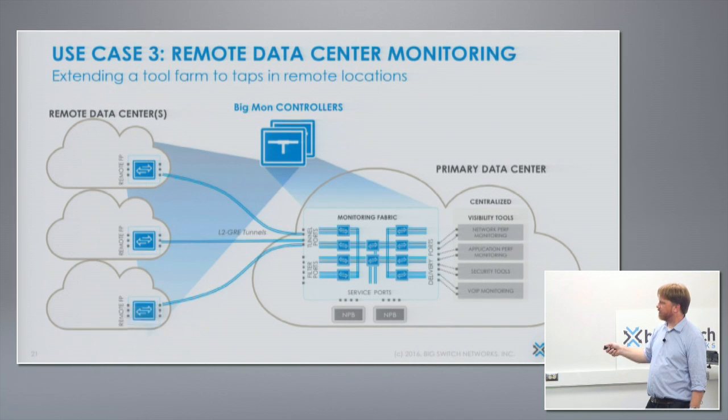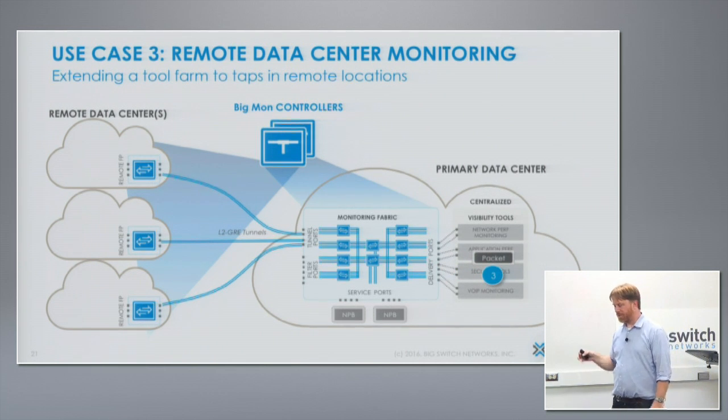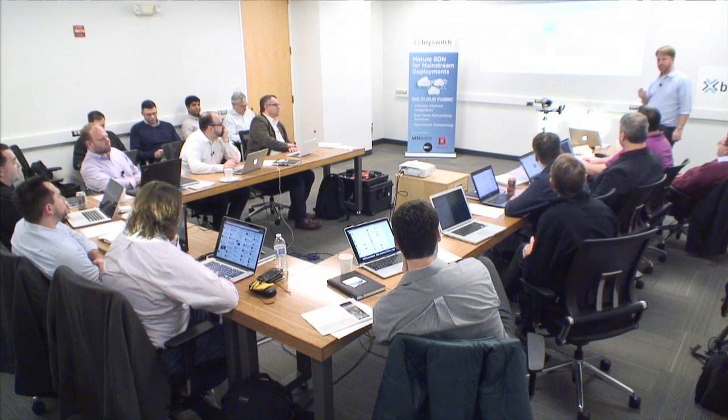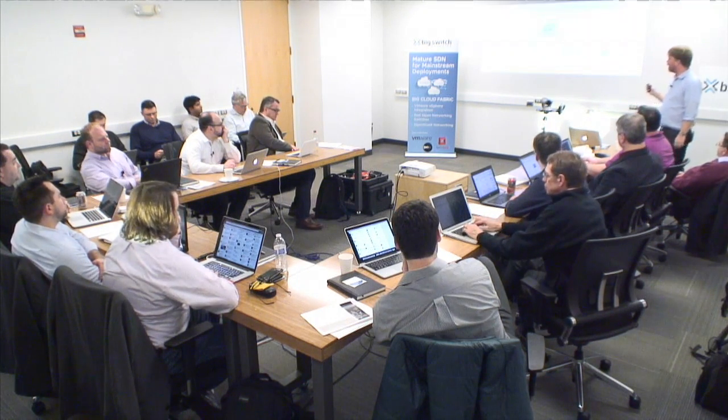You tell the controller this is of interest. We will actually encapsulate this in an L2 GRE tunnel, push it over a wide internet link that gets decapped here, and then forwarded on to the relevant tool. So you can think of it, it's not the actual technology, but a little bit like pseudo-wire or something like that. But does this make sense why it might be useful to folks? Yeah. Mm-hmm. All right.